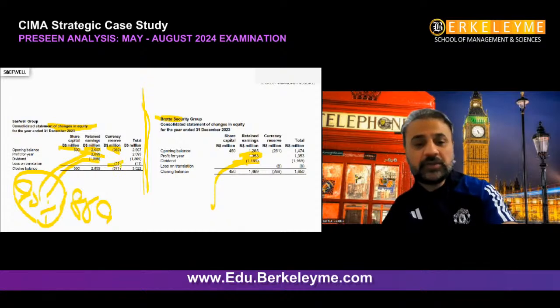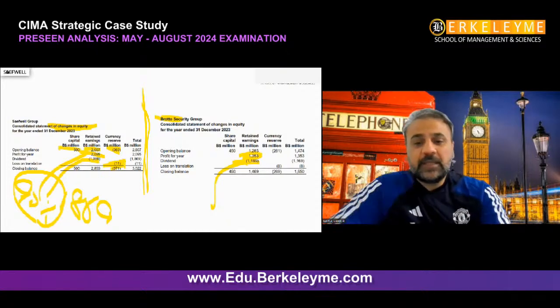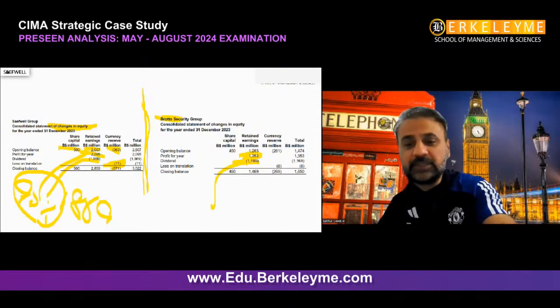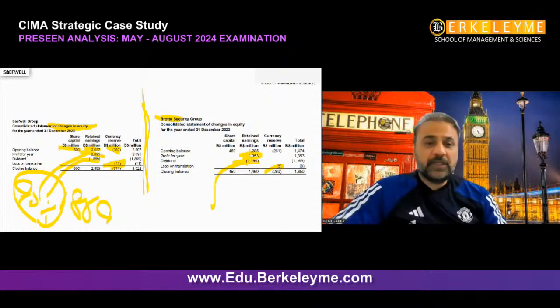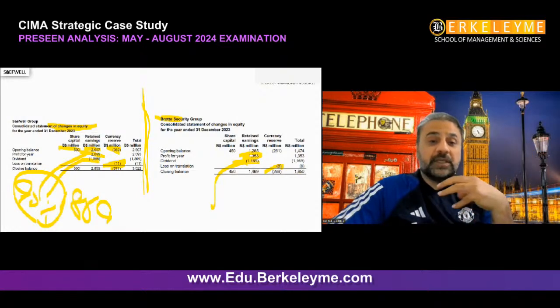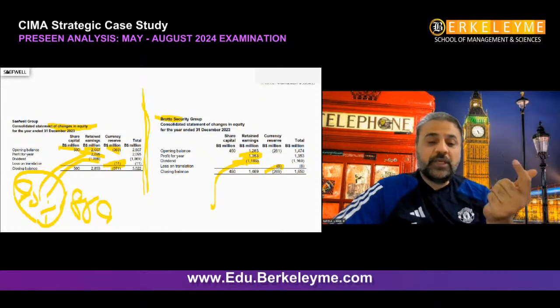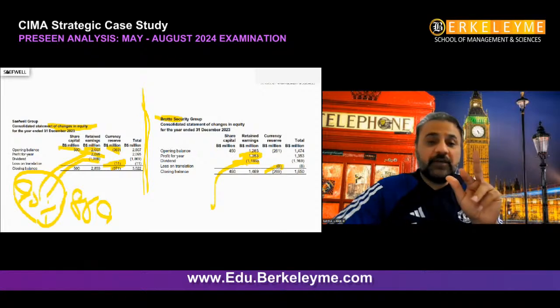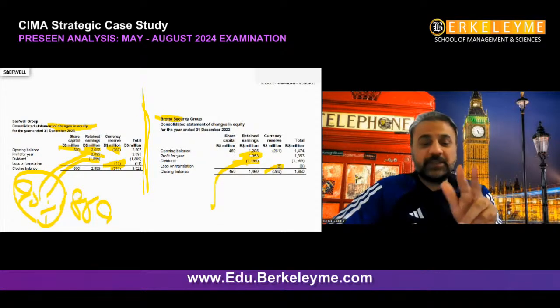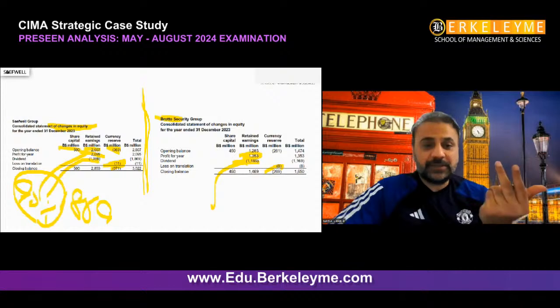Now they have loss on translation. Both have loss on translation, according to their size. What is translation? If you are a company who works in different countries, and you convert your accounts at a certain date, maybe at the end of the year, you find that you have either a gain or a loss in terms of your translation.